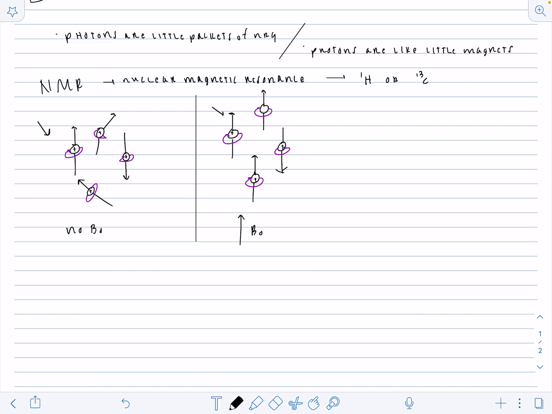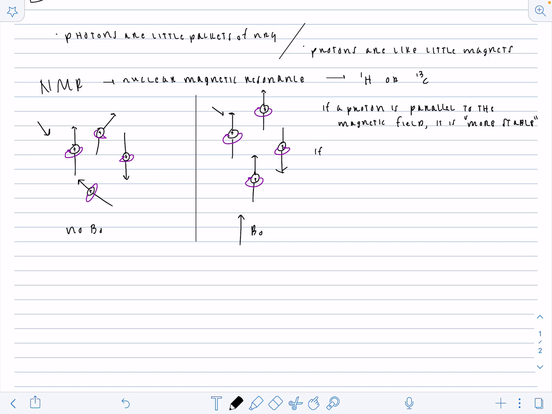And this concept is really important. So if a proton is parallel to the magnetic field, it is more stable. And this is all very relative, so don't quote me, for real.